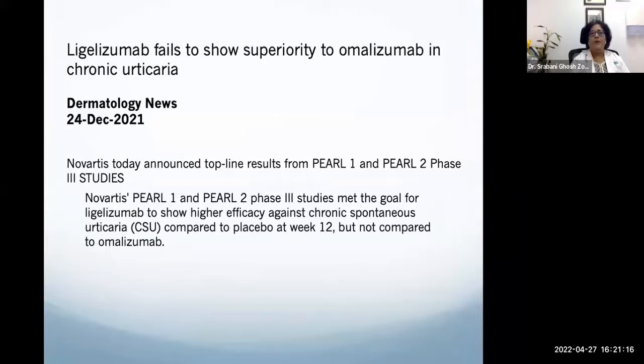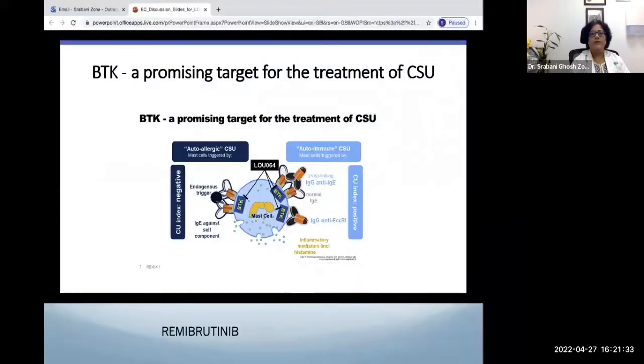Ligelizumab failed to show superiority to omalizumab in chronic urticaria. That's what they announced after the PEARL 1 and PEARL 2 phase 3 studies. So they have withdrawn this product from the market, and now they have concentrated on a newer drug called remibrutinib. It is a Bruton tyrosine kinase inhibitor. Remibrutinib is a highly selective inhibitor of Bruton kinase.